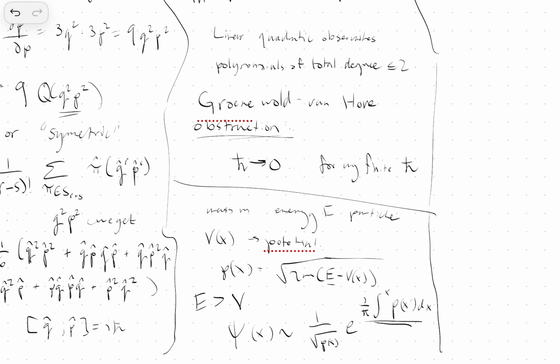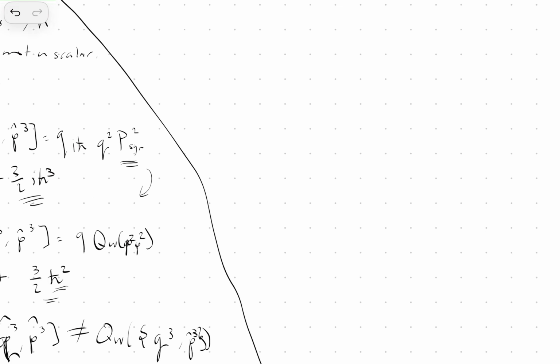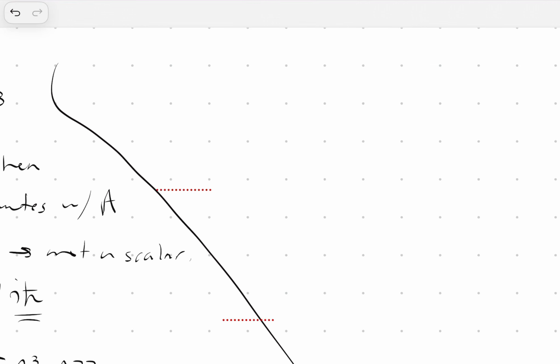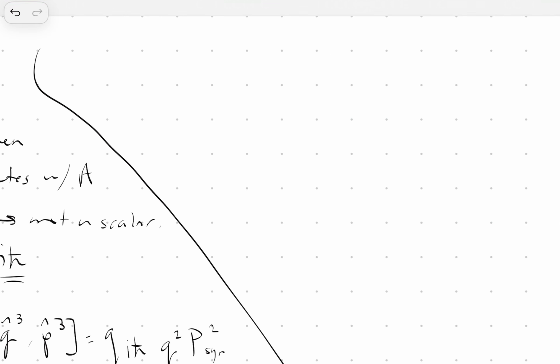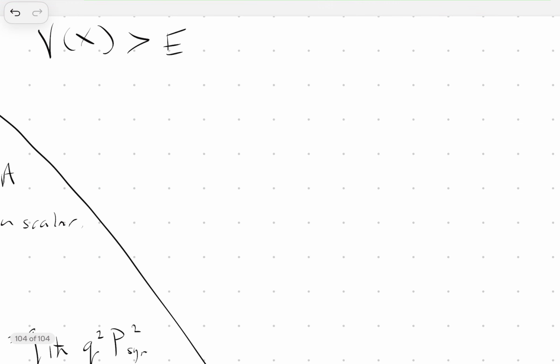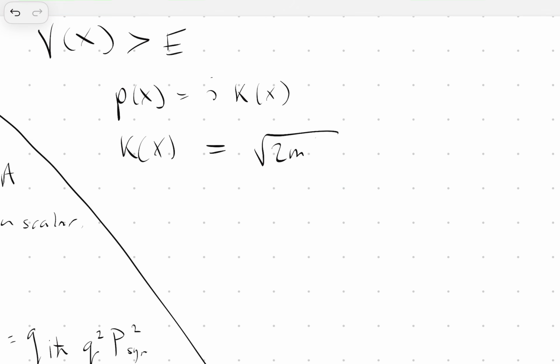Now, what we can try to do is talk about the notion of analytical continuation. Analytical continuation says that when the potential is greater than the energy, the classical momentum will become purely imaginary. And so the momentum will become imaginary, where this k function here is the square root of 2m (V of x minus E).